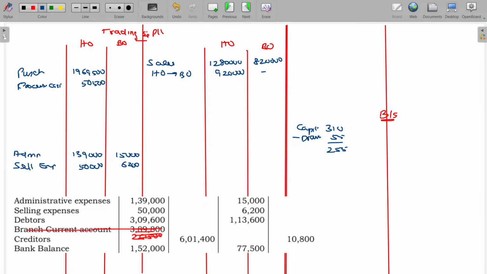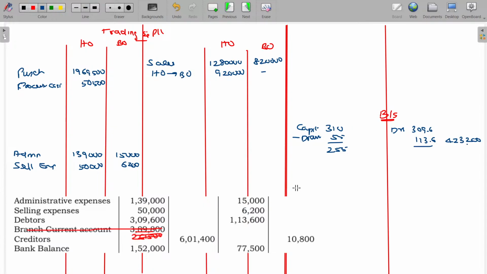Debtors 3,09,600, 113.6. What is the total value? 4 lakhs 23,200.